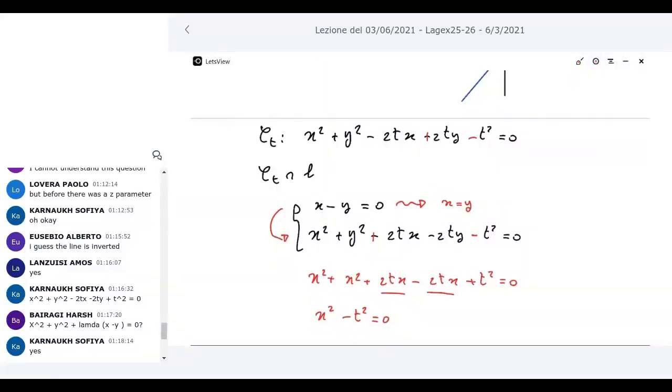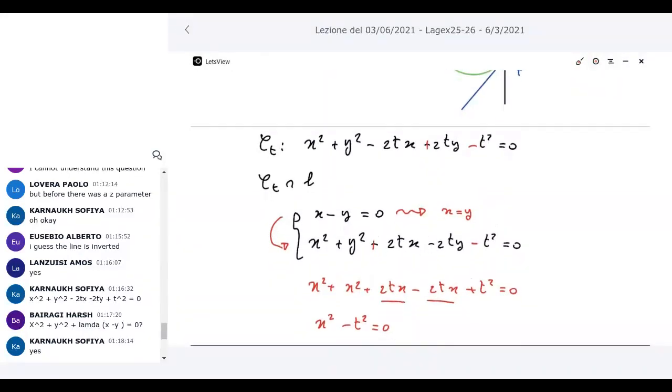But then you see, what do you get at this point? So you get a condition, x squared minus t squared equals 0. So you get two distinct solutions, right? So what we want is not exactly this, but this is not Sophia's suggestion, it is my suggestion. So my suggestion is saying that the circle you produce will intersect line L in two distinct points unless t is equal to 0.